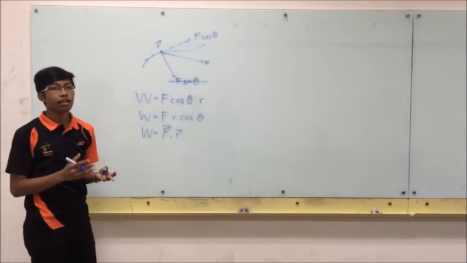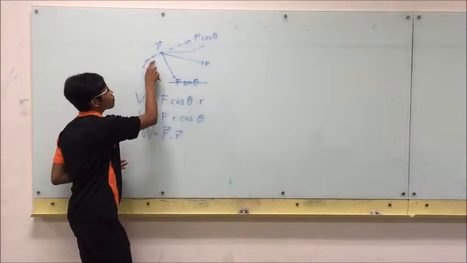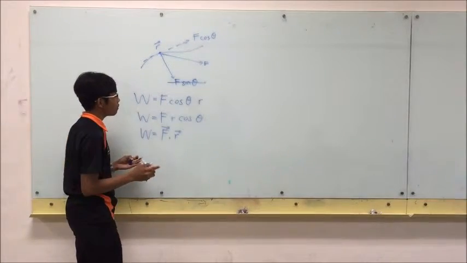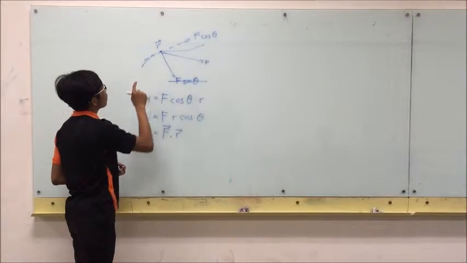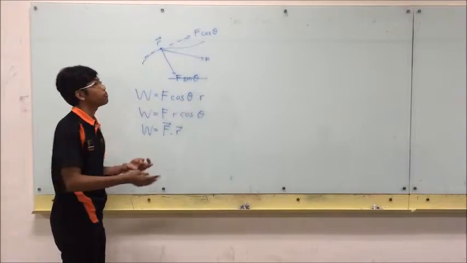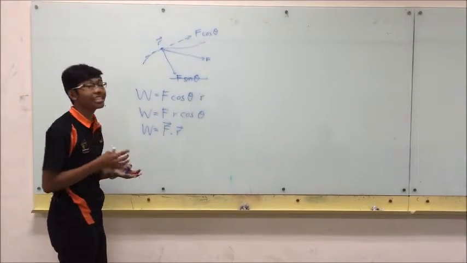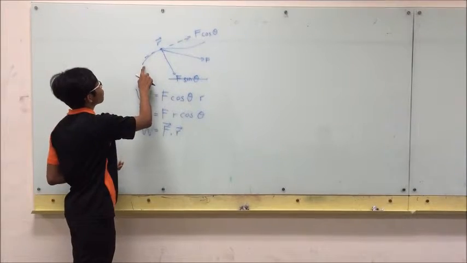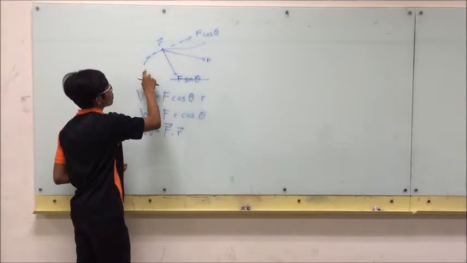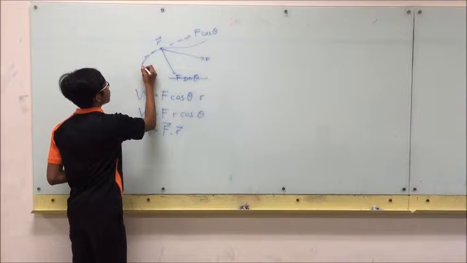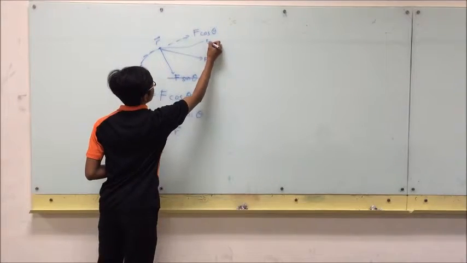Now we have to calculate work throughout this curve. Therefore, we must apply the concept of calculus, which is integration. So we have to integrate r from r1 until r2.